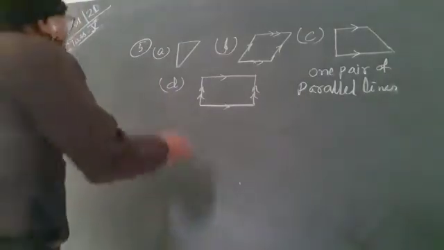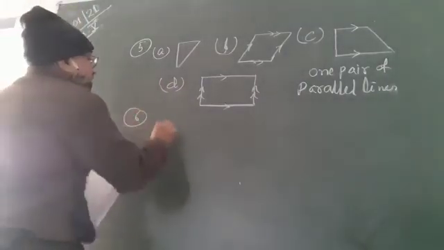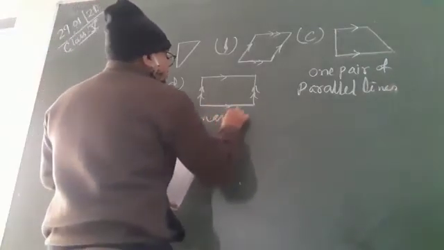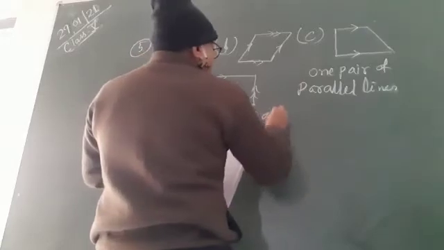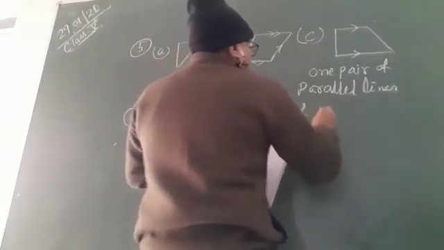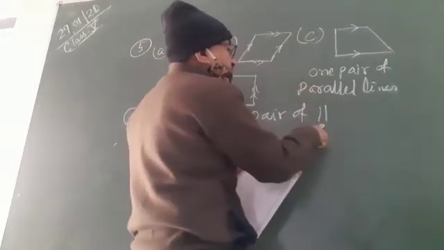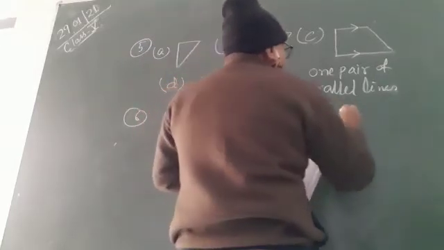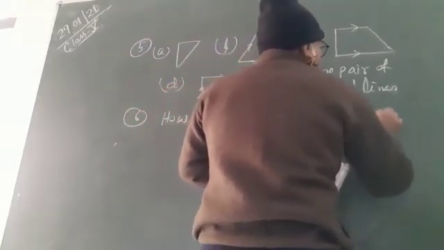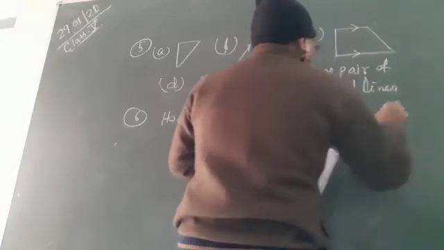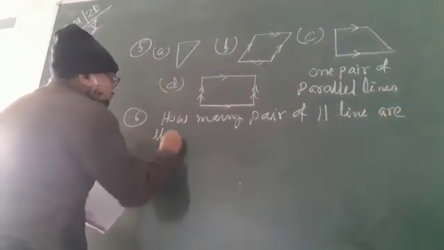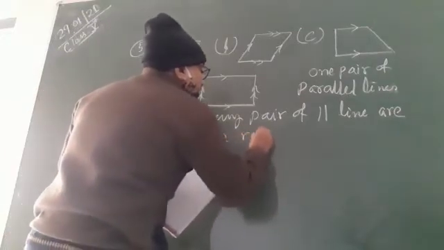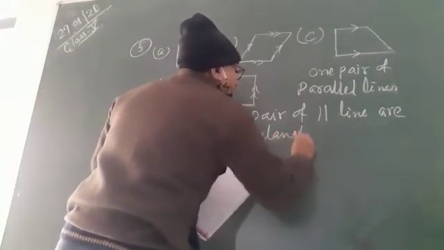In a rectangle, question number C. This is the parallel line symbol. How many pairs of parallel lines are there in a rectangle?